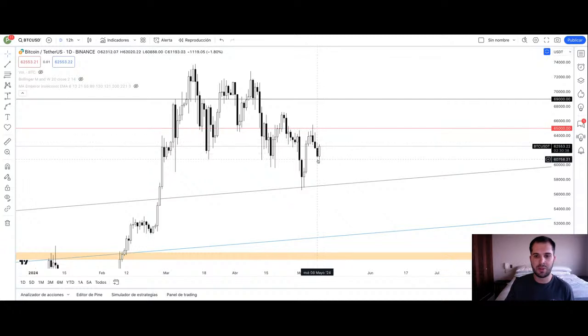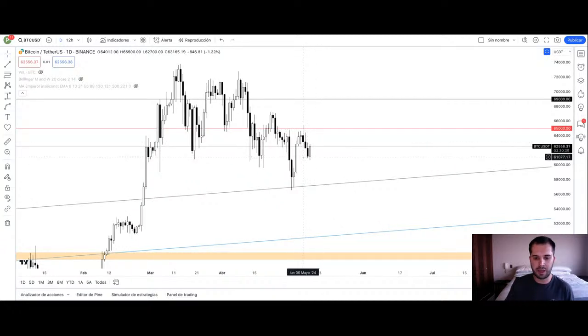We start invalidating this bearish engulfing candle from May 6th, which engulfed May 5th. If we're able to close the daily above $62,353, then we will have this bullish engulfing candle, confirming the bullish divergence on the 12-hour, which I think is awesome.